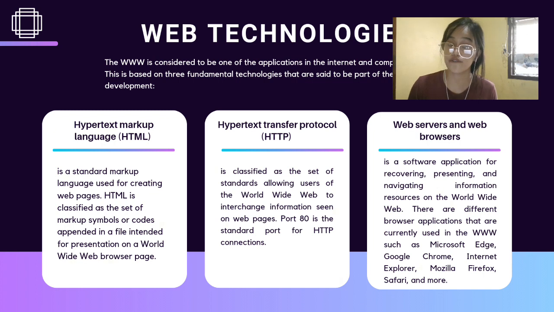The web server is a software program that shares or delivers web pages to users over the internet. And the web browser allows users to view web pages. So the web server and the web browser work together to allow users to access information on the internet.